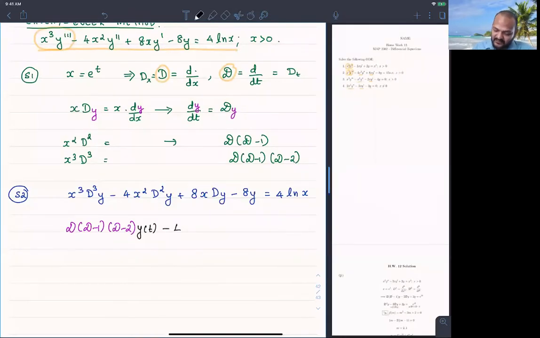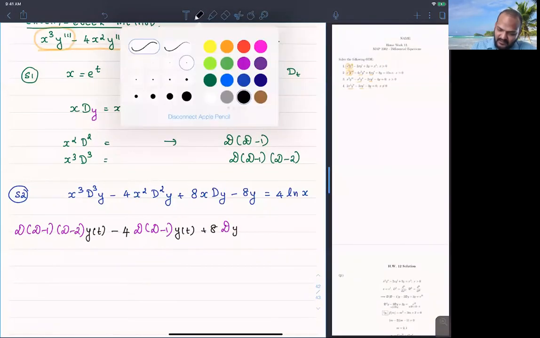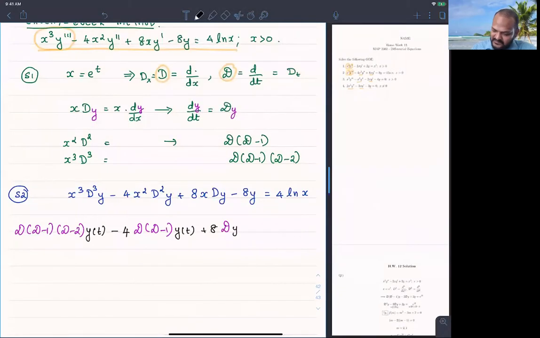Minus 4 times script d of d minus 1 of y of t, and then plus 8 script d of y, and then minus 8y. Again, whenever I say y here, y is a function of t. So now that is going to be equal to 4 times the ln of x.